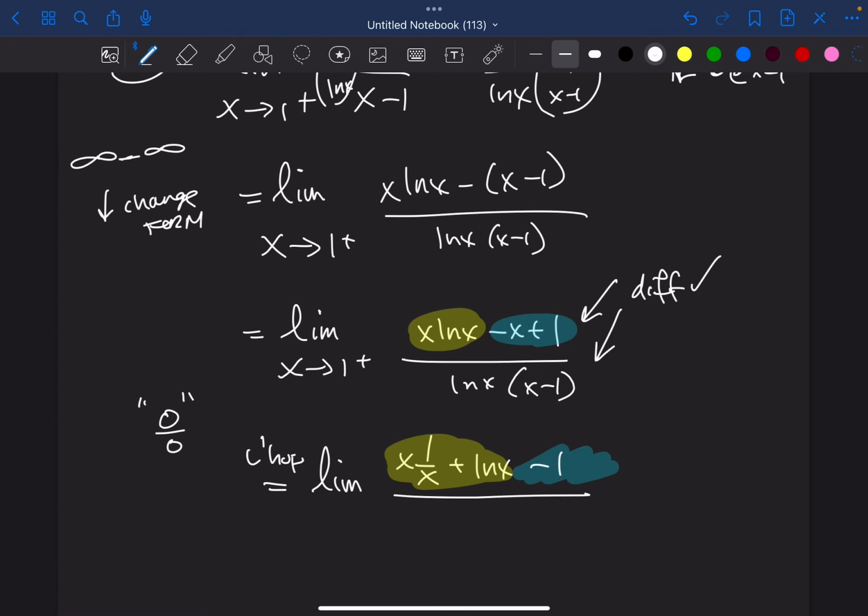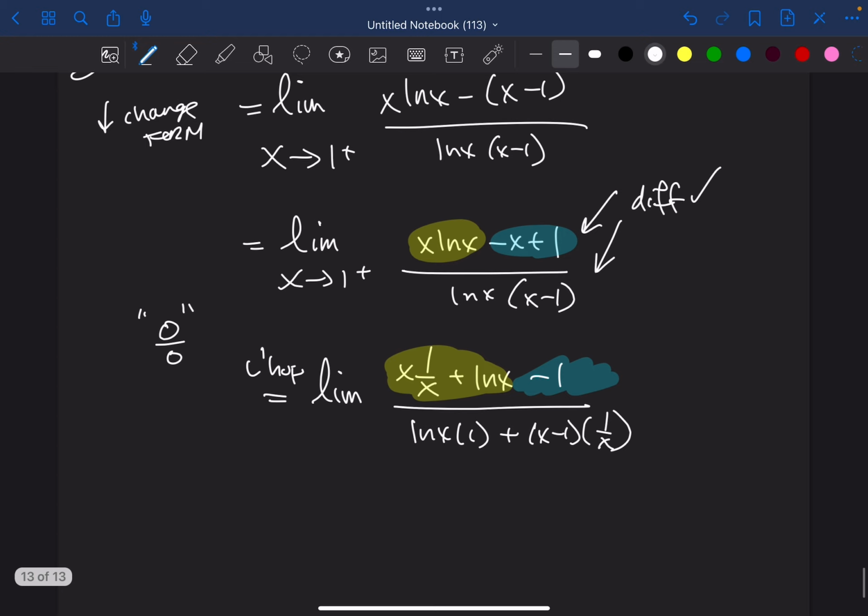On the bottom, when we take derivatives, it's going to be the product rule: first times the derivative of the second plus the second times the derivative of the first, which is not nice.